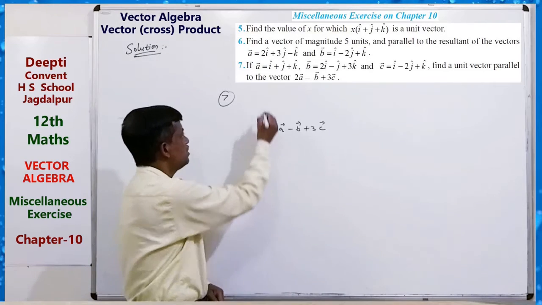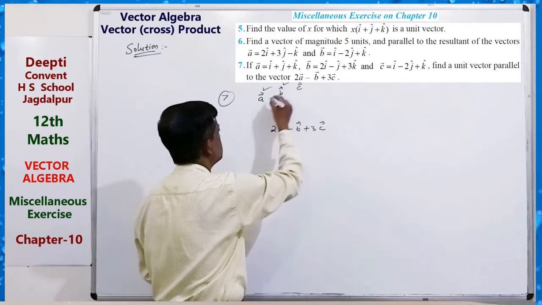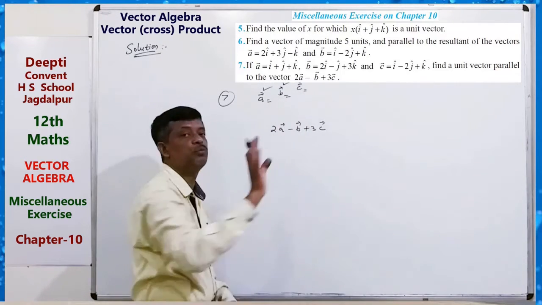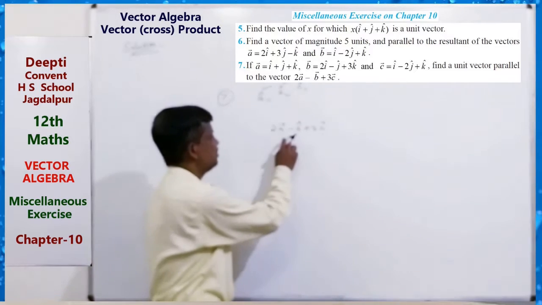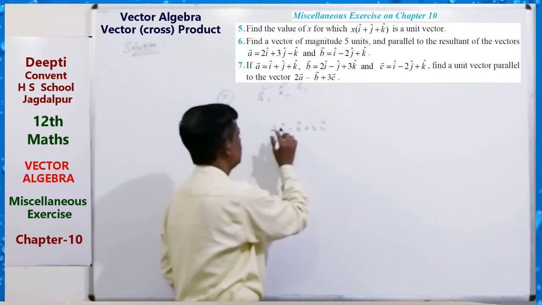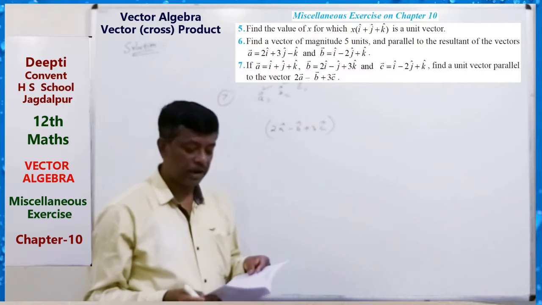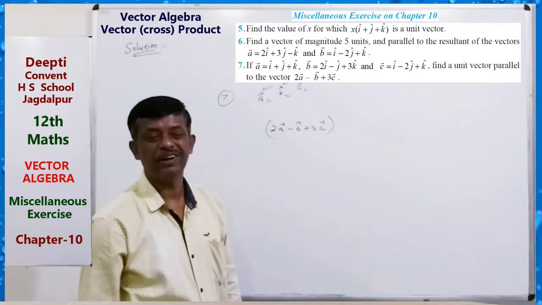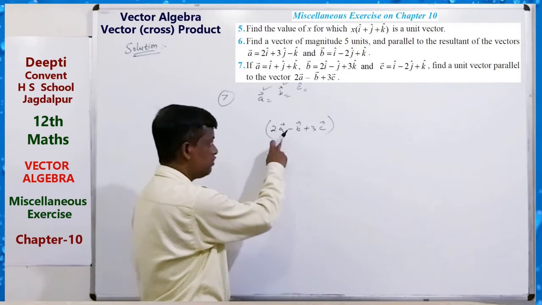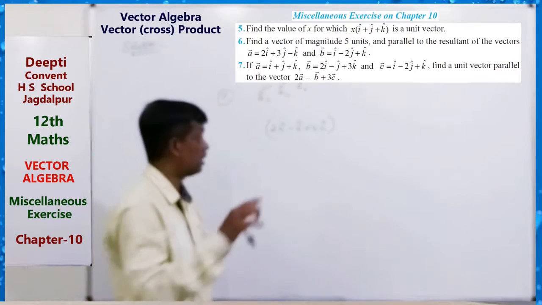A is given, B is given, C is given, in component form. Just by adding and subtracting, you can get this vector. And we have to find the unit vector parallel to this vector.